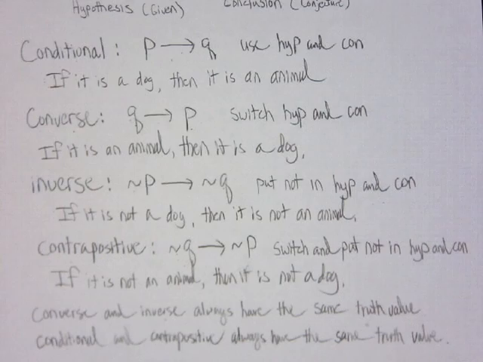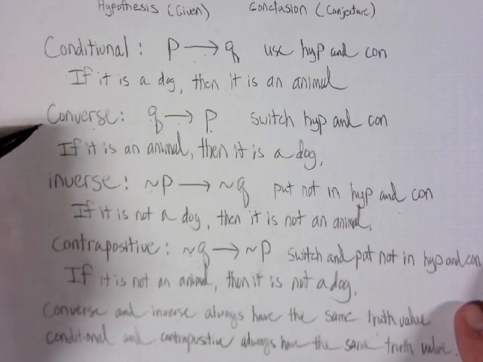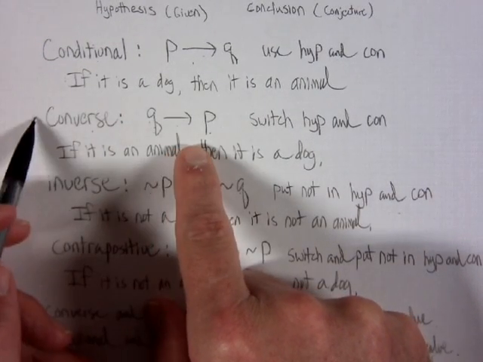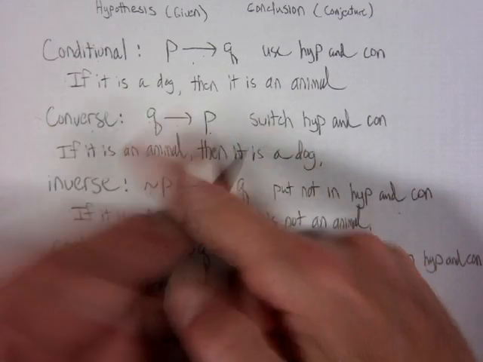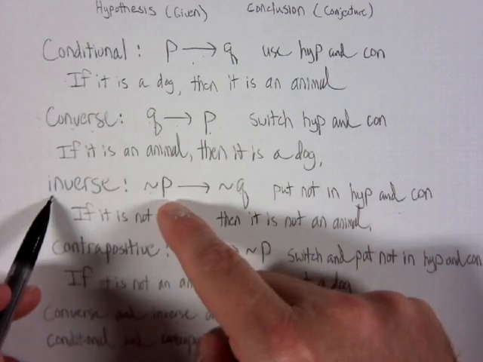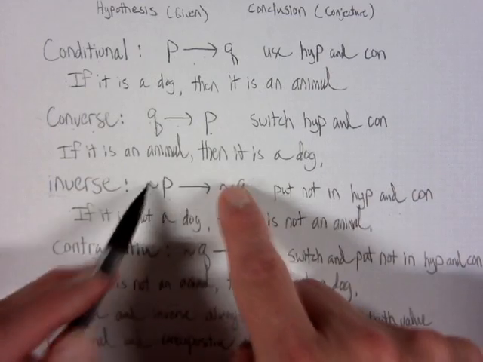Now let me give you some hints on how to memorize this. Converse is formed by switching. Converse is a type of shoes. If your shoes are on the wrong foot, you're going to switch them. So that's how you form the converse. Inverse, you put not into both of them.